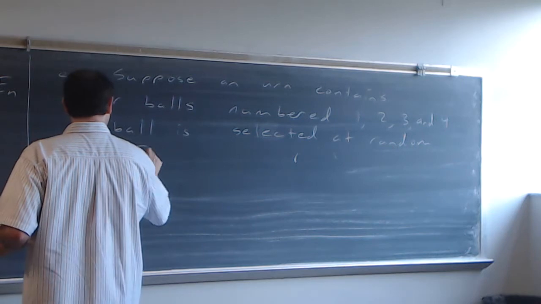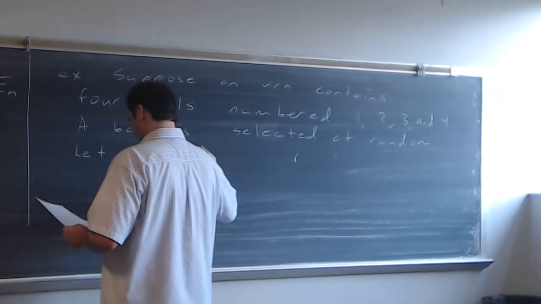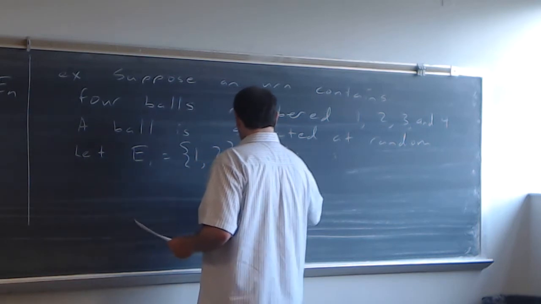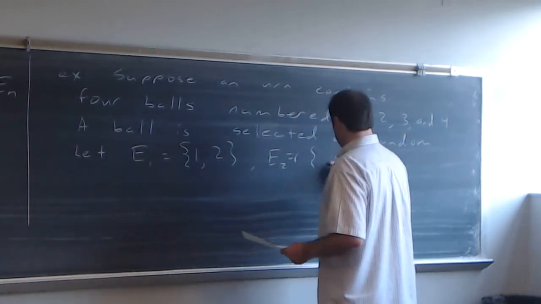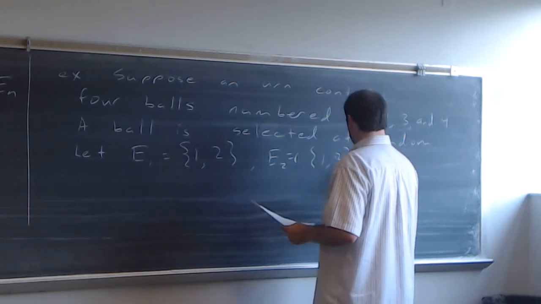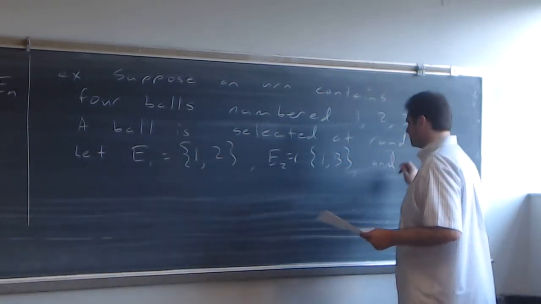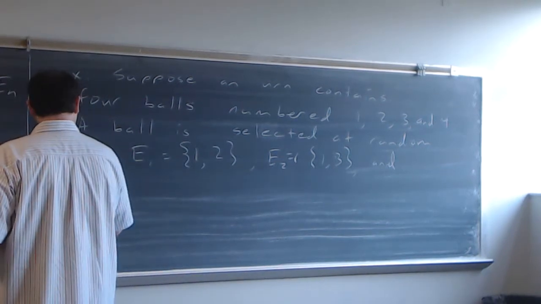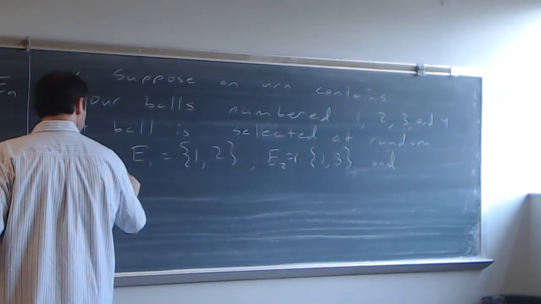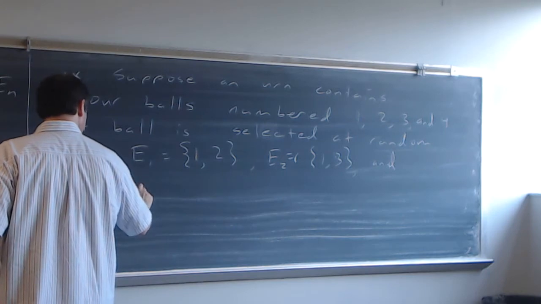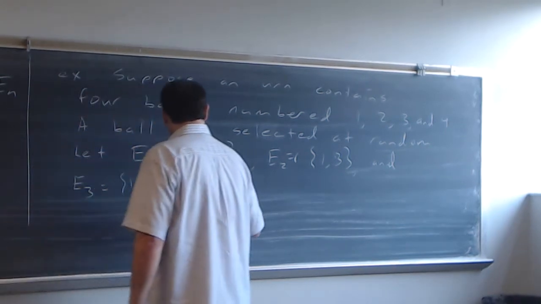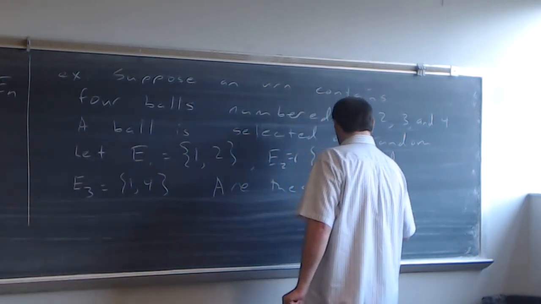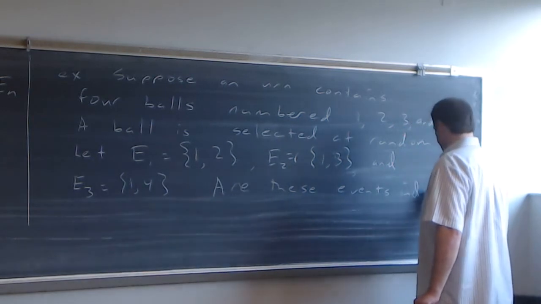Let E sub 1 be the event that you got either the 1 or the 2 ball. E sub 2 be the event that you got the 1 or 3 ball. And E sub 3 be the event that you got the 1 or the 4 ball. The question is, are these events independent or not?